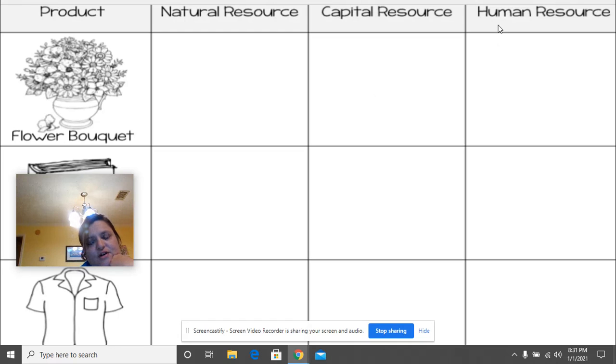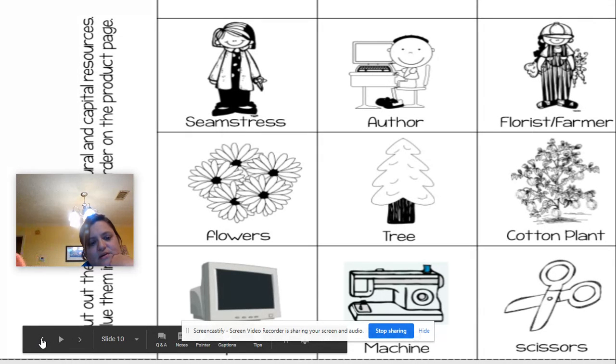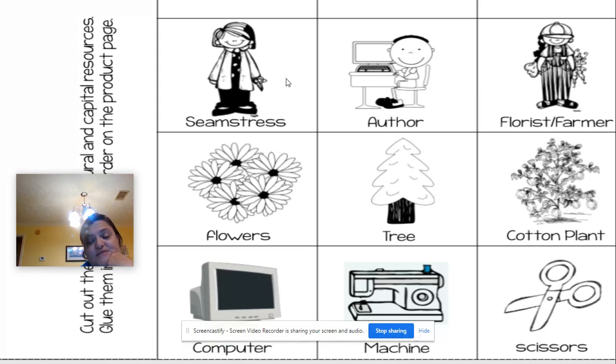Lastly, we're going to look for our human resource. So let's go back one more time. And which one of these humans is going to be the one that makes or helps to make the flower bouquet? Is it going to be the seamstress who sews clothes? Nope, that person's not going to make a flower bouquet.